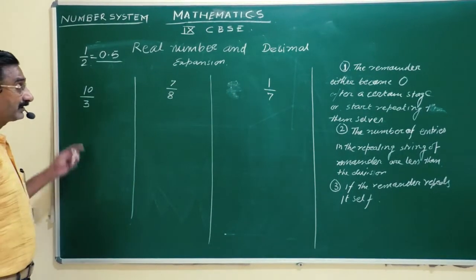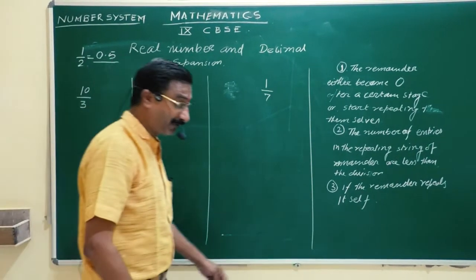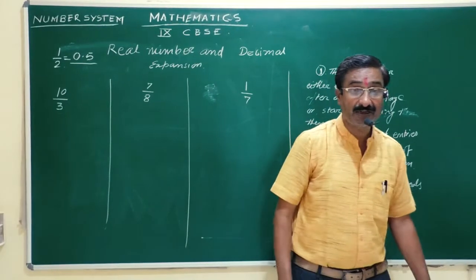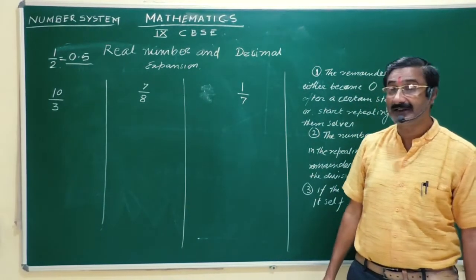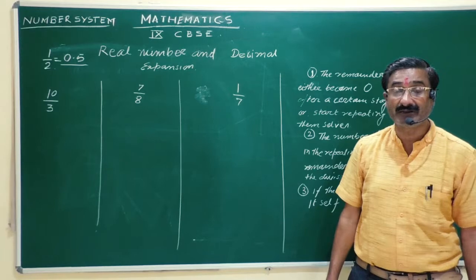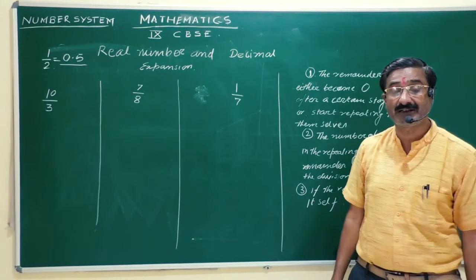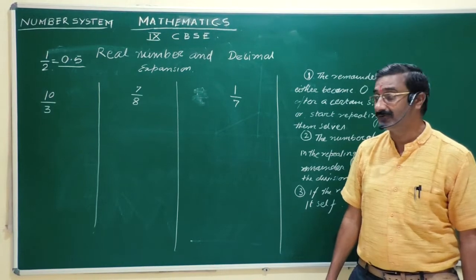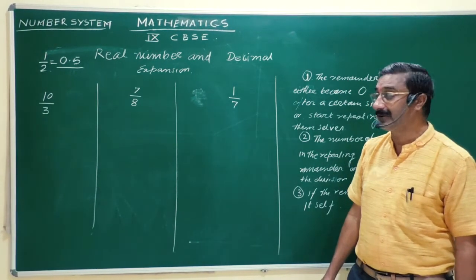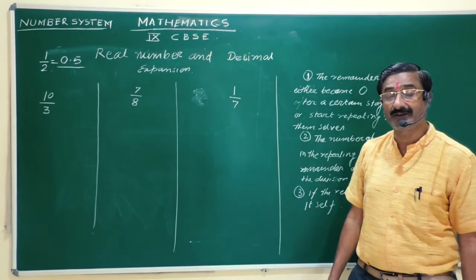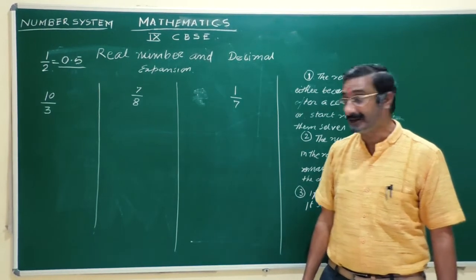So we have taken the 3 examples. Here we are going to study the rational and irrational numbers in a different way. That is, in the form of decimals, we can understand by just visualizing it that the number is real number, rational number or irrational number.